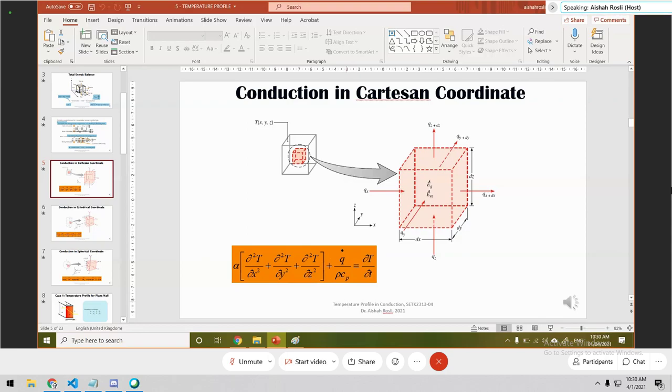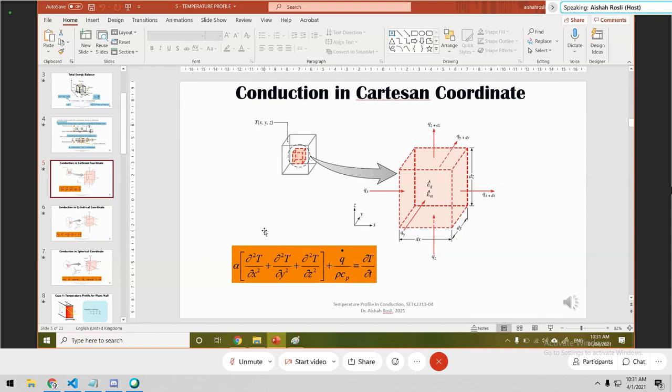For example, if we receive more heat in the z direction, the change in temperature will be bigger compared to the y direction, which receives less heat. So the d squared T over dz squared and d squared T over dy squared will be different. That is why we need to consider all directions. Does that answer your question, Andy?